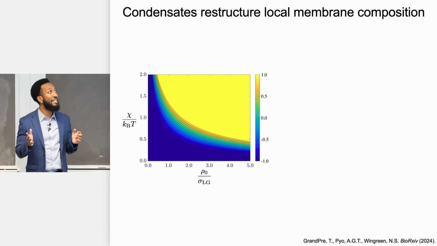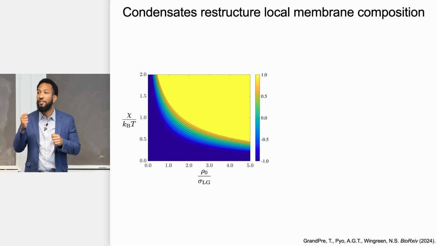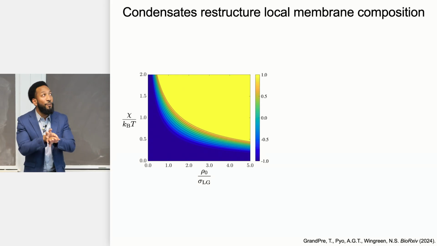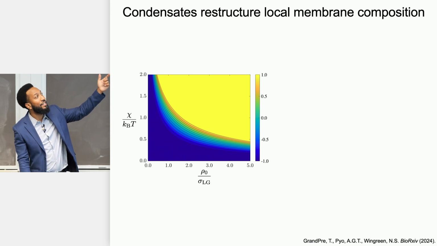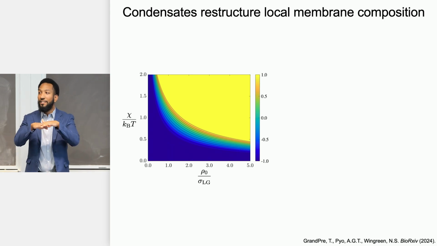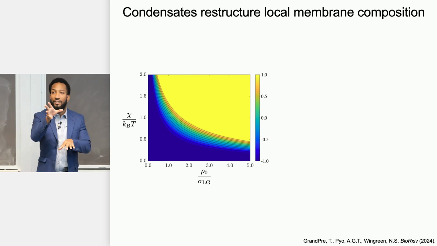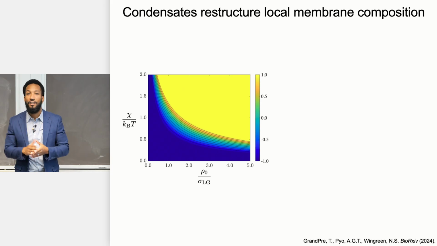It means that there's not enough density of tethers, rho, or the interaction between the tethers and the droplet, chi, is not enough for them to interact. So you have to have some sweet spot: the interaction strength has to be high enough, and the number of tethers on that surface has to be large enough, to see this liquid-like droplet interact with the surface via these tethers.